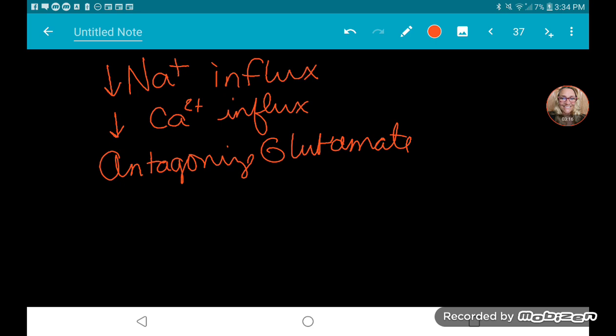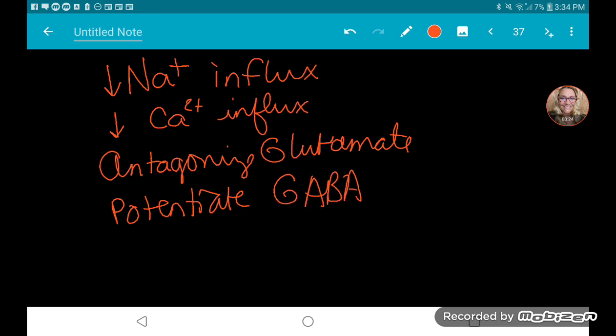Or they can potentiate GABA. GABA is this nice little neuronic suppressor, right? So if we potentiate GABA, it can suppress these seizures.